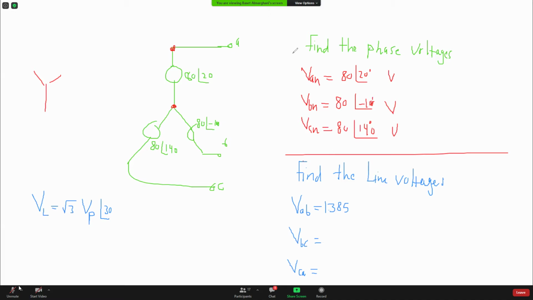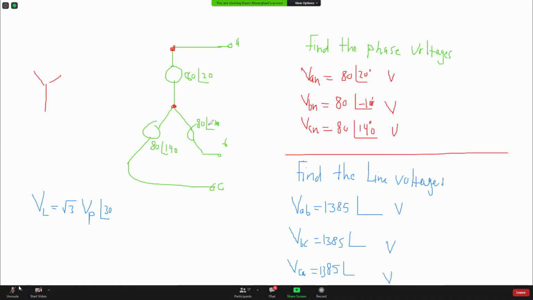So this is what I got, 138.5. This is how we find the line voltage. It's this minus that.